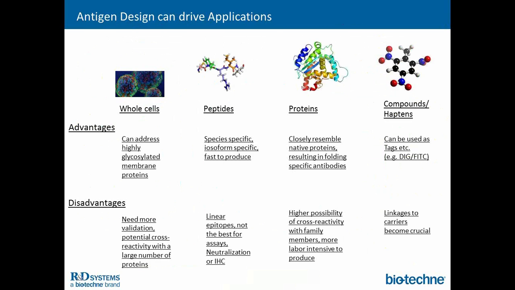Okay, antigen design. The antigen design is crucial as it can drive certain applications. If your final goal, for example, is an assay, a fully folded bioactive protein is a crucial component of the whole development process.